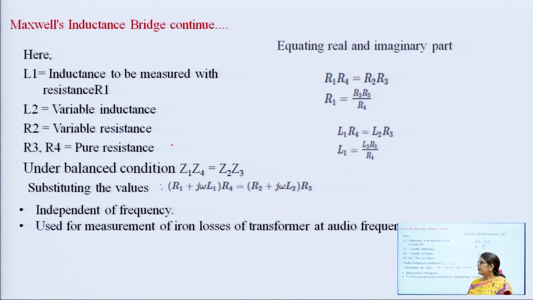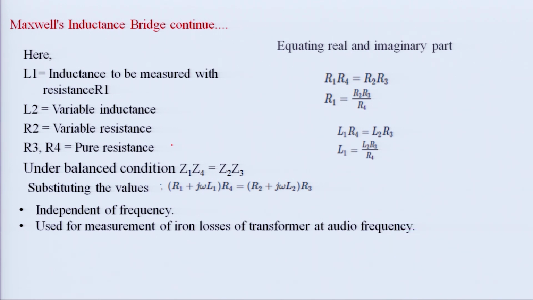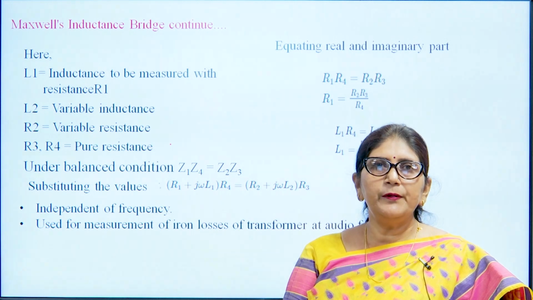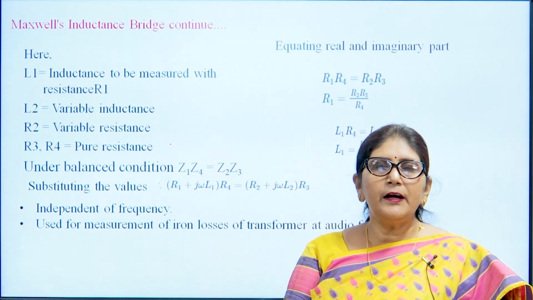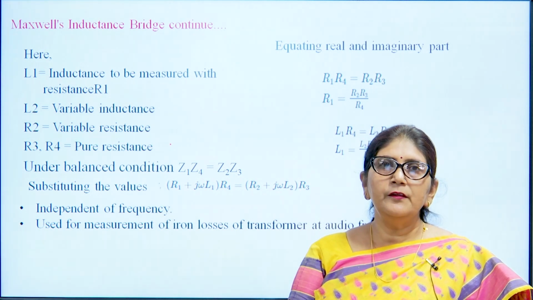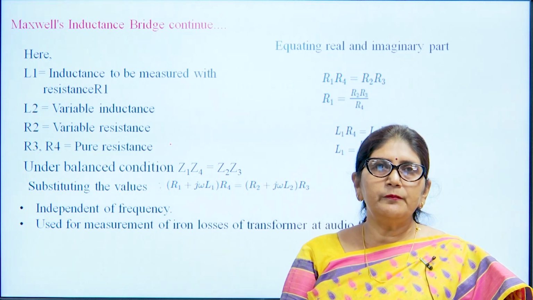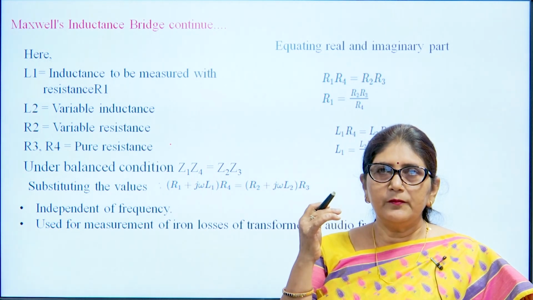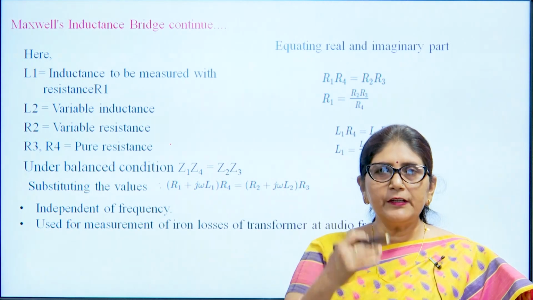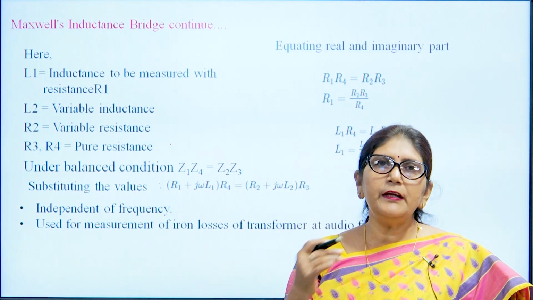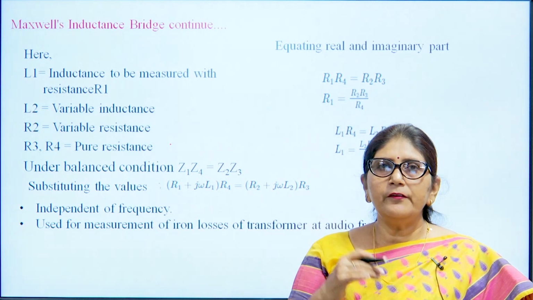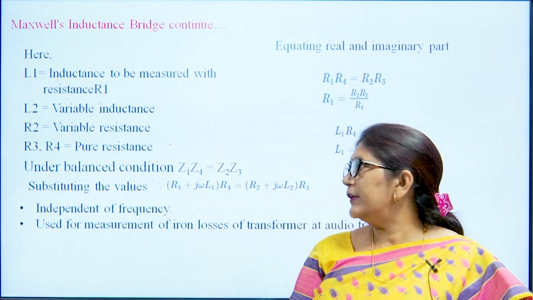Now in this Maxwell's inductance bridge, L1 is the inductance to be measured with its inherent resistance R1, L2 is the variable inductance, and R2 is the variable resistance. R3 and R4 are pure resistances. As we know, under balance condition the products of the impedances of opposite arms are equal. So Z1 Z4 is equal to Z2 Z3.